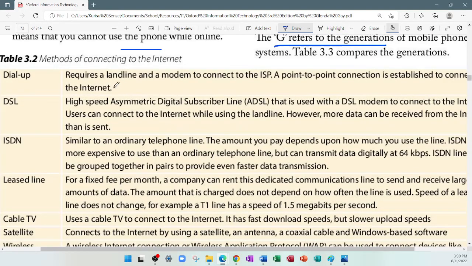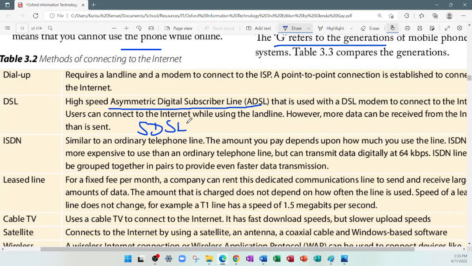Now, what's important here to take note of? Well, I already explained dial-up. For DSL, just like the transmission modes, we have asymmetric DSL and symmetric DSL, which goes in line with asynchronous and synchronous.